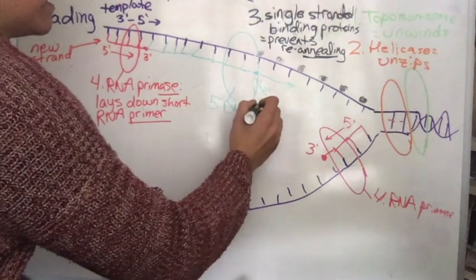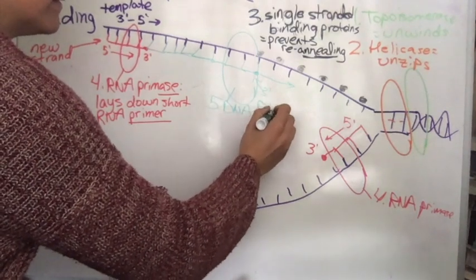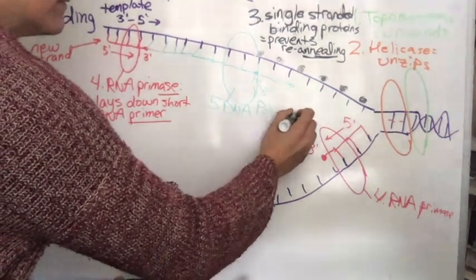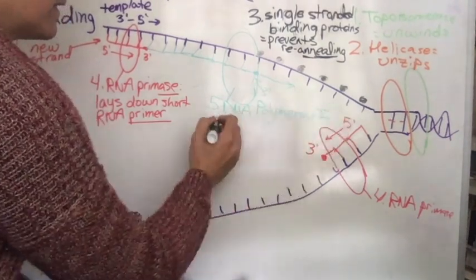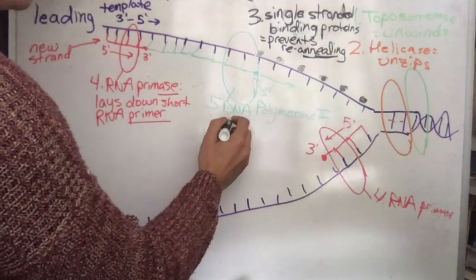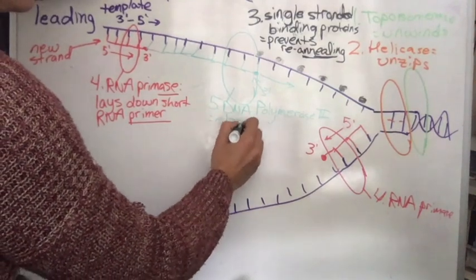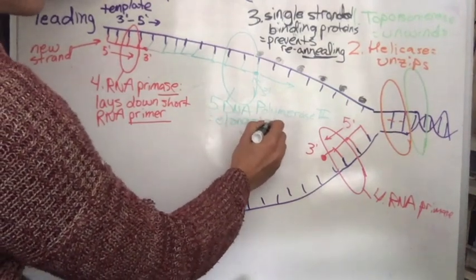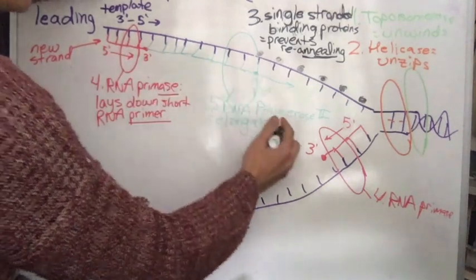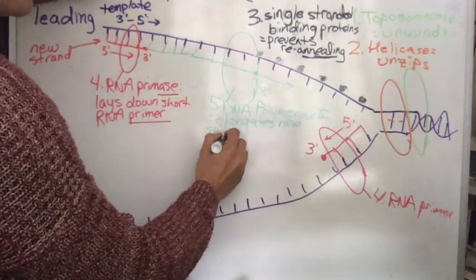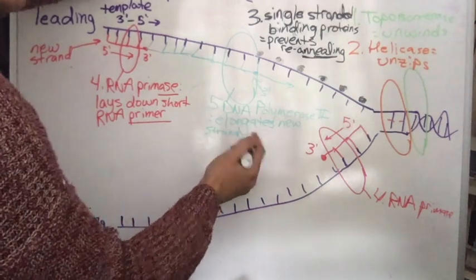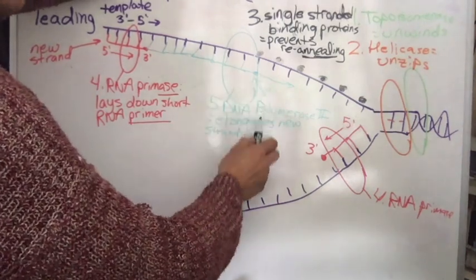This is step number 5, DNA polymerase 3. This elongates the new strand always in the same orientation from the 5' to 3'.